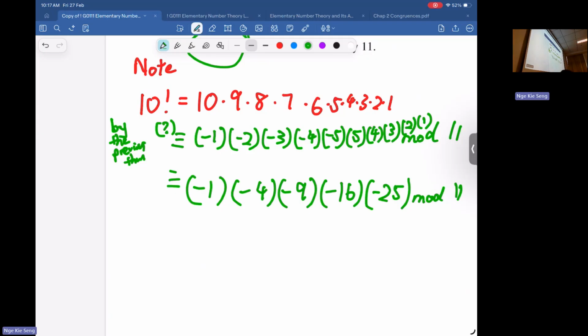Three times 2 is 6, 6 times 4. Or 3 times 4 is 12. That's another way to combine them, because 12 is 1 more than 11. From here, you can see that there are 5 minus 1s, so you can cancel out 2 by 2, just left with -1.